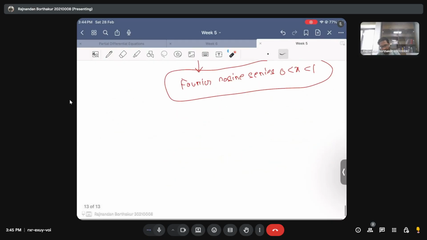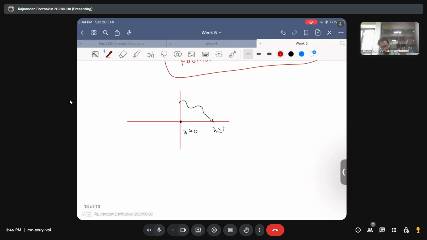What I was actually trying to say is, because I know the function from x equal to 0 to x equal to 1, let's say the function is something like this. I can either make the function behave as something like this, which becomes an odd function, or I can make the function behave as something like this, which becomes an even function, because you know that f of x is equal to f of minus x here.